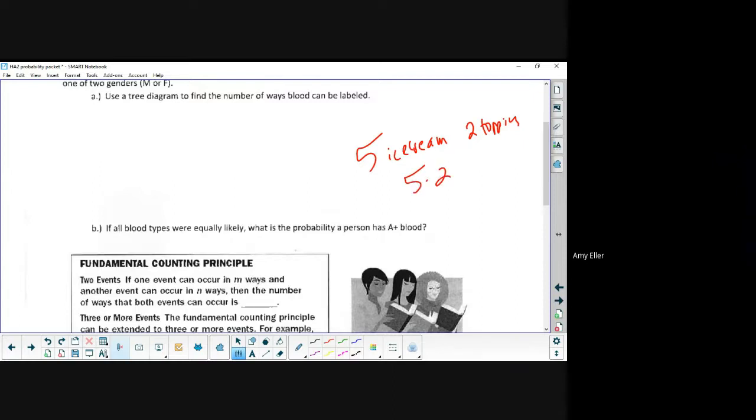This only works if I'm picking one flavor of ice cream, not putting several in, and one of the 2 toppings. Got it? If it says pick 3 or more flavors and 1, 2, or no toppings, that's a whole different problem, which we will get to, but not just the counting principle.